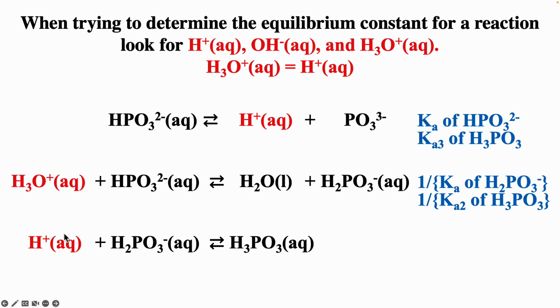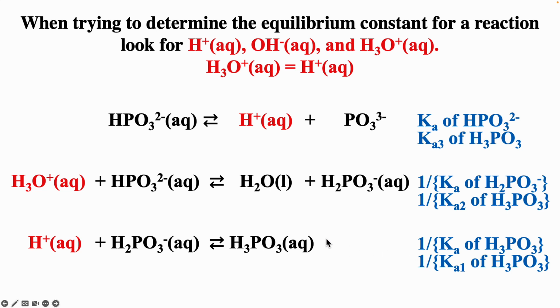Now for this last one, we have hydronium again as reactant, so that's 1 over Ka. Now we have phosphorous acid, and so that's 1 over Ka of phosphorous acid. That's got 3 oxygens. And so that would be 1 over Ka1 of phosphorous acid.